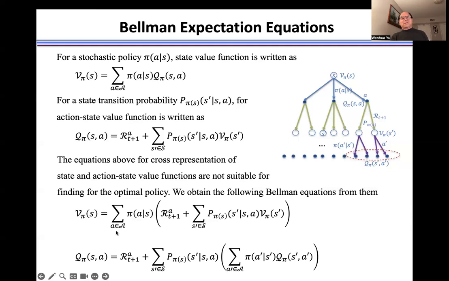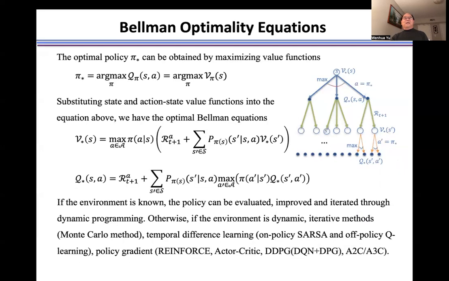Once we have these Bellman equations, we can calculate the state value function and the action state value function at a state S. Then see how we can find the optimal policy pi. Since we have this Q value and this V value, we can find the policy pi that makes this Q function maximum.